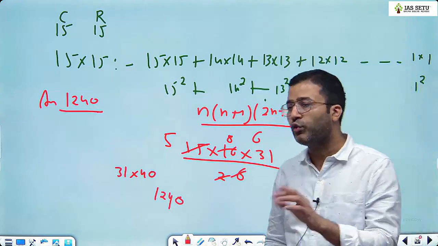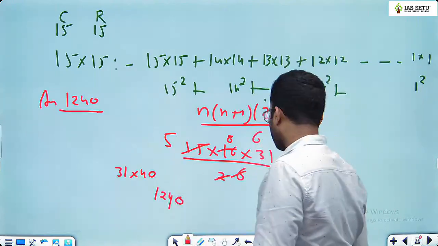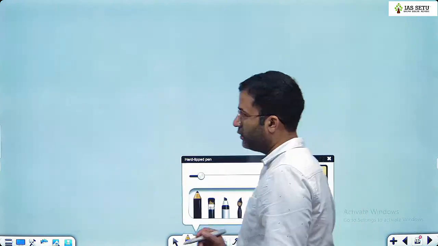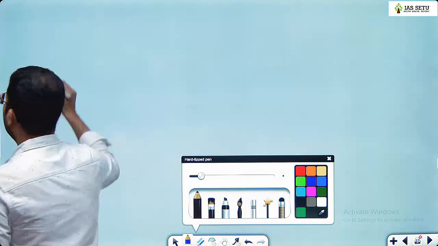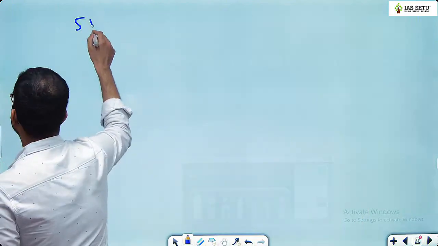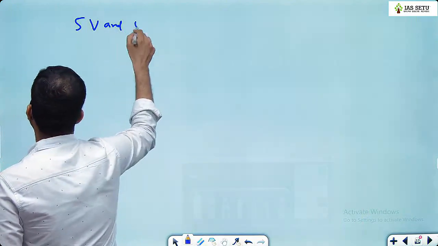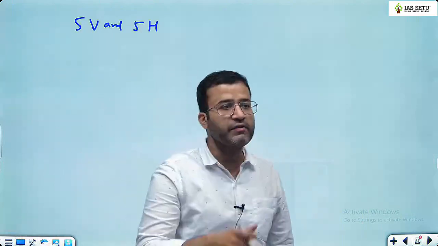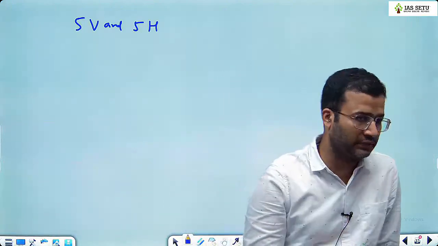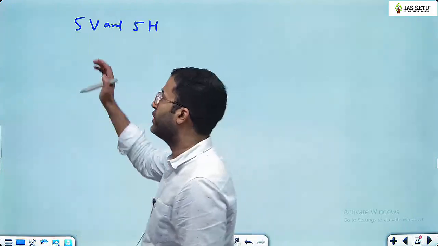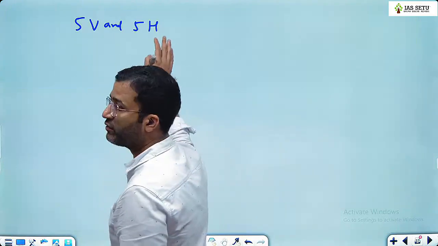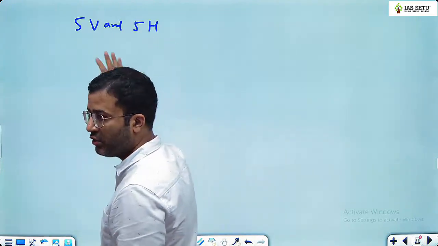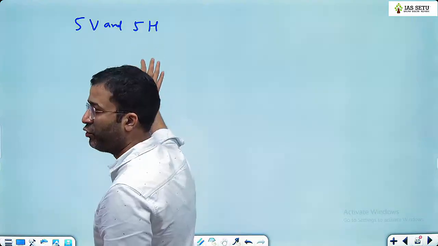So I tell you what they are doing, what they can ask now. See here, they will say, there are 5 vertical and 5 horizontal lines. Or they can say 5 vertical lines intersect 5 horizontal lines.